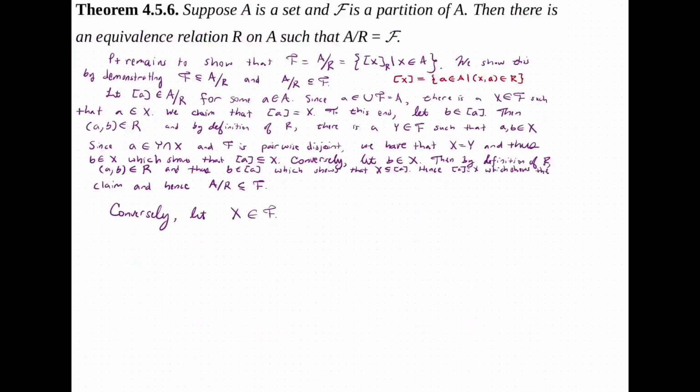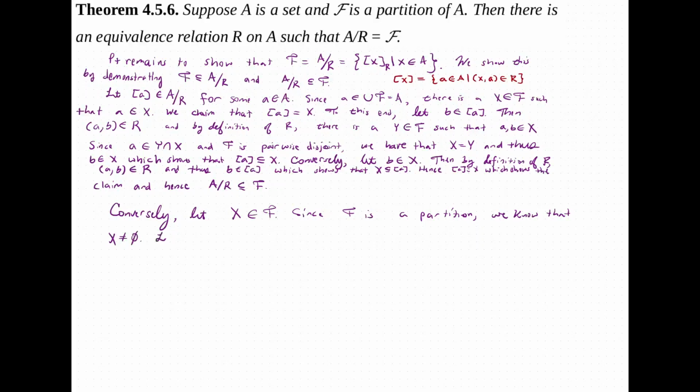So conversely, let's go ahead and choose X in the family of sets F. So then, we know that F is a partition. Since F is a partition, the third property of a partition tells us that F does not contain the empty set. So we know that X is non-empty.